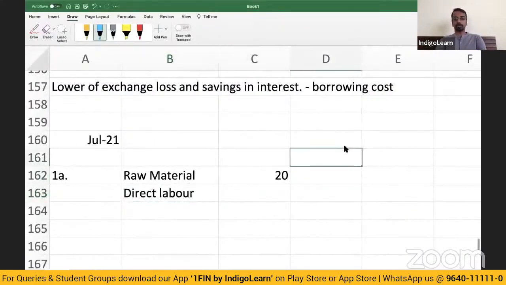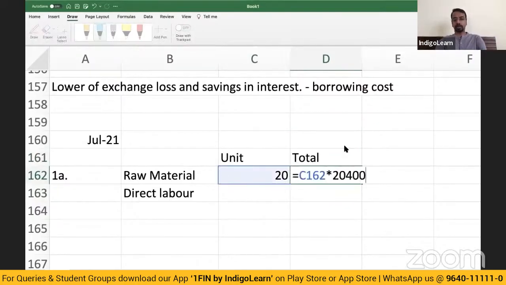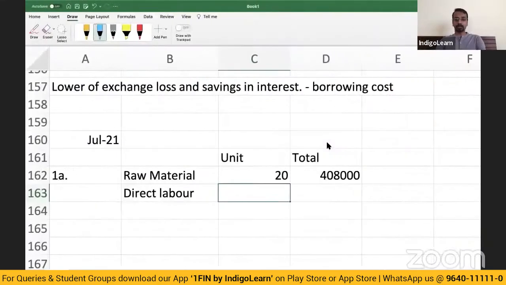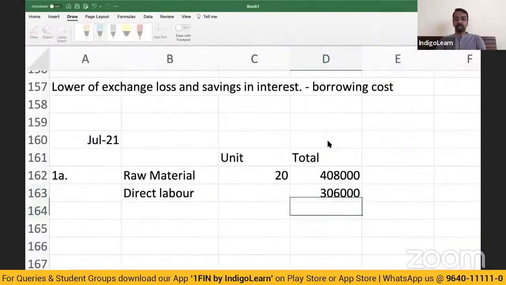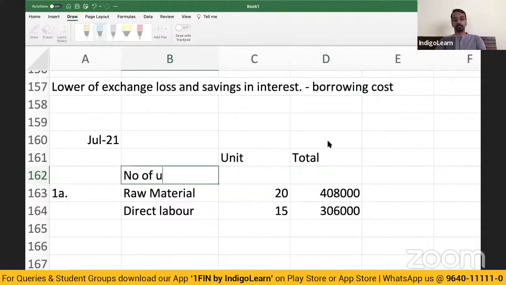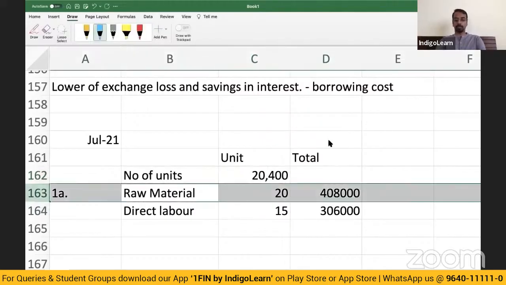You can add the total here, or you need not add it, you will see the presentation. If it is 3,06,000, how much is it per unit? This divided by 20,400, which is the production.